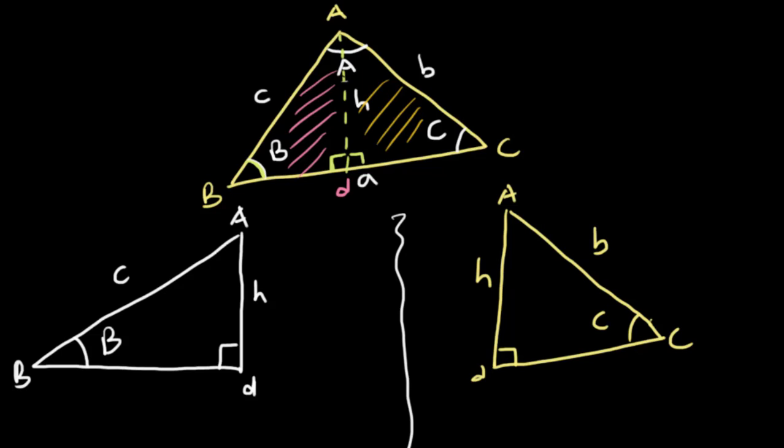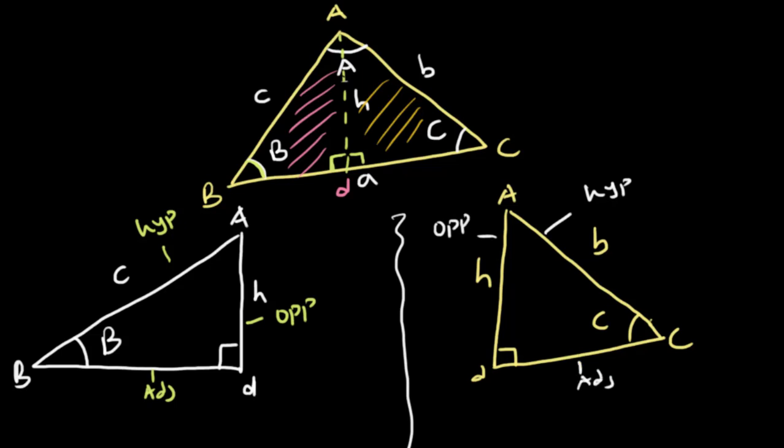Now remember, the side facing angle 90 is the hypotenuse. The side facing the angle given is the opposite, and then the third side is the adjacent. We do the same thing to this. We have side facing angle 90 is the hypotenuse, side facing the angle given is the opposite, and then the third side is the adjacent.